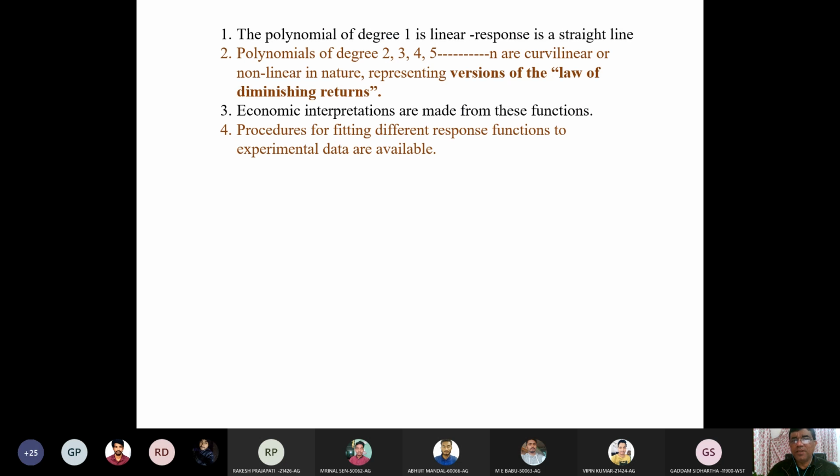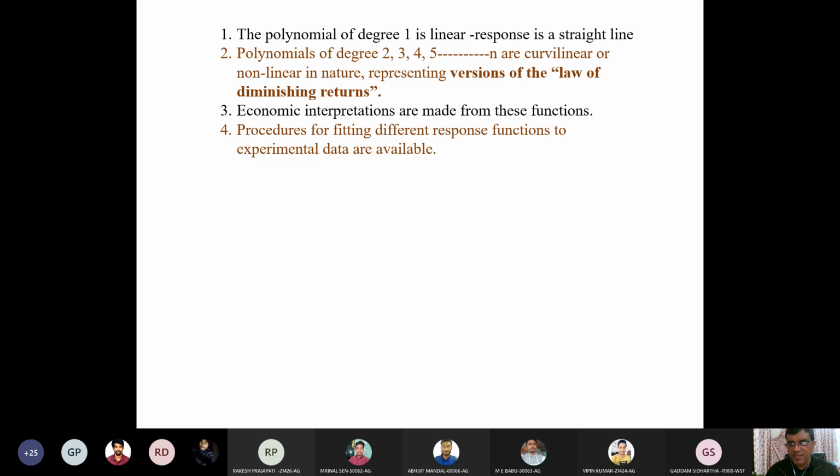Polynomial of degree 1 is a linear response, which is a straight line. This is just a summary. Polynomials of degree 2, 3, 4, 5 are curvilinear. They are known as curvilinear relationships or non-linear relationships, representing various forms of the law of diminishing return.